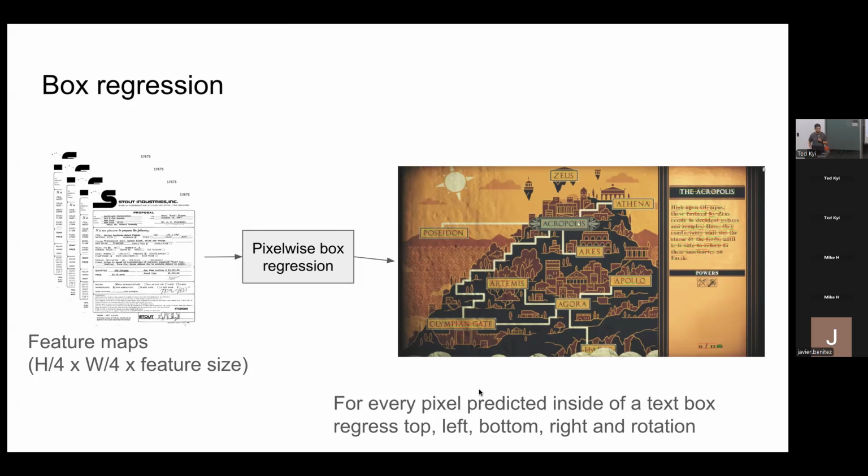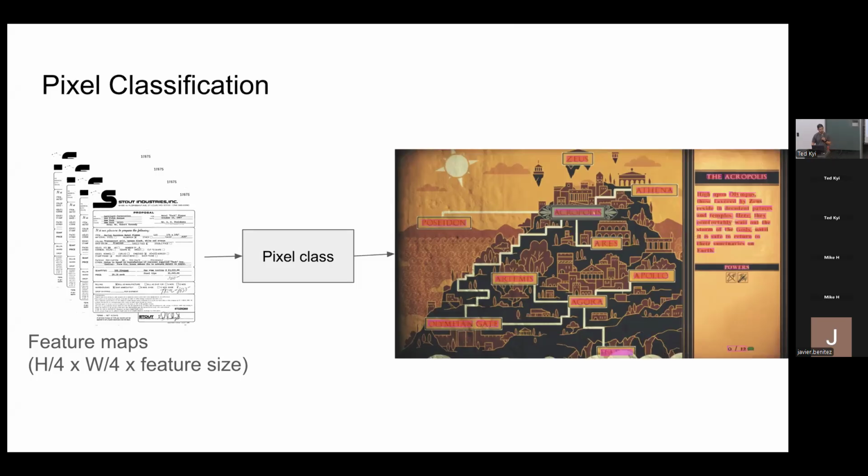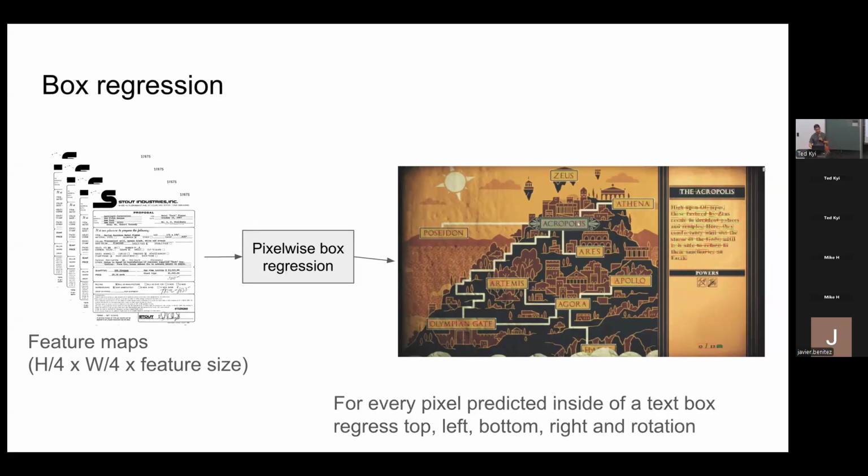If I understand correctly, the first head is basically doing a simple segmentation heat map for where the words are. And the second head is for every pixel you are predicting the bounding box for the word.